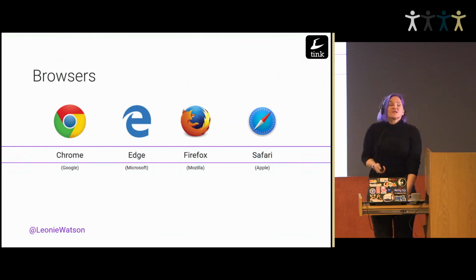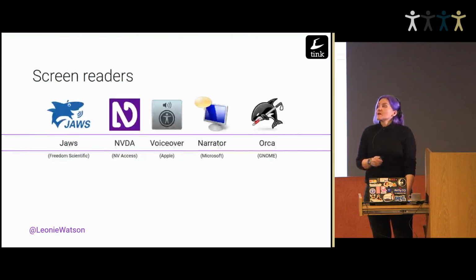But browsers have a very close relationship with assistive technologies, and in particular, screen readers. Again, if you're not familiar, a screen reader is a piece of software that sits on pretty much every operating system available now. On Windows, there's the proprietary screen reader JAWS.